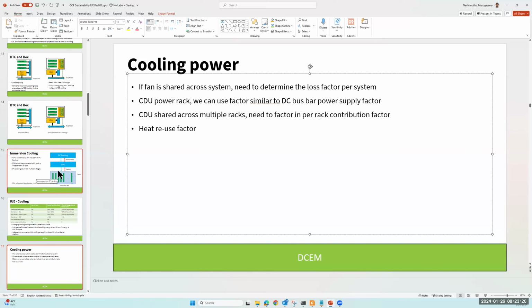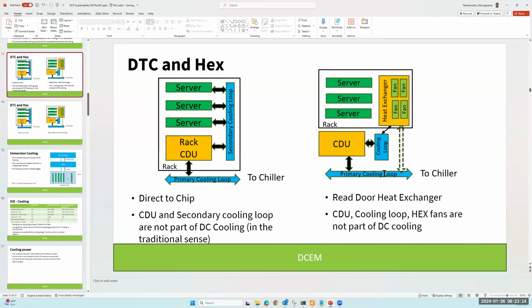Another thing here: in a data center you're also going to have a chiller and other things. Today, as part of PUE, the chiller and other cooling is part of data center cooling, right? Now here we are going to account per server, per rack.